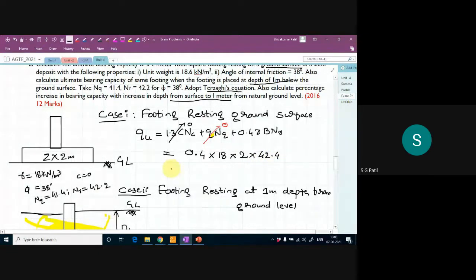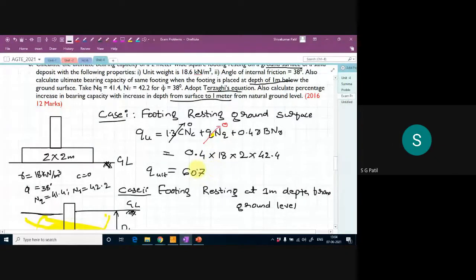How much are you getting for Q ultimate? 627, 610, 607, 618.6, 610.